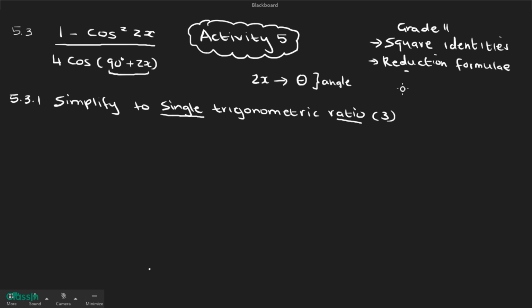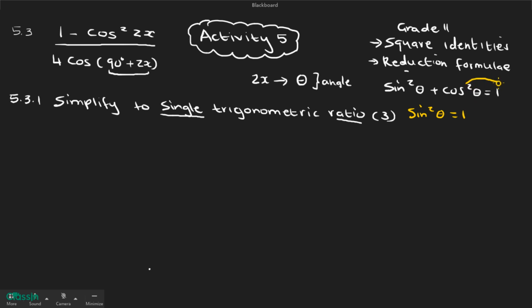Using the square identity theorem, we said that sine squared theta plus cos squared theta is equal to 1. Meaning that if I want 1 minus cos squared 2x, where 2x is the same as theta, I can simply say sine squared theta plus cos squared theta equals 1.